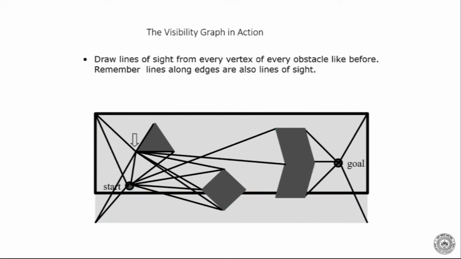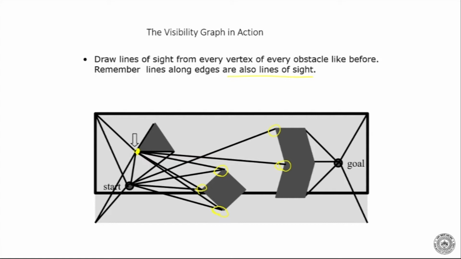Then draw lines of sight from every vertex of every obstacle like before. Remember, lines along edges are also lines of sight. First you see which vertices you can see, then you go to that vertex and see what more you can see. From here you can see this, that, and that.